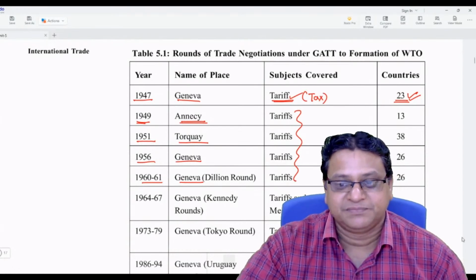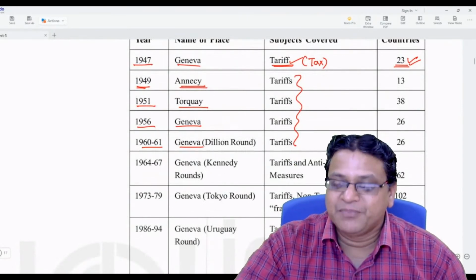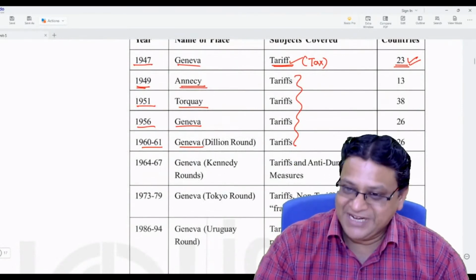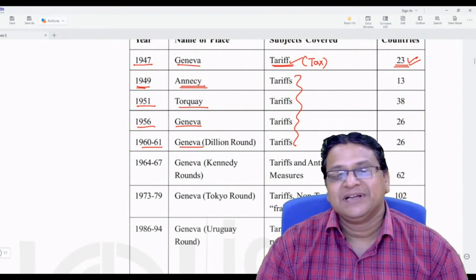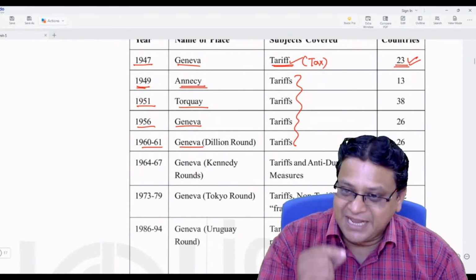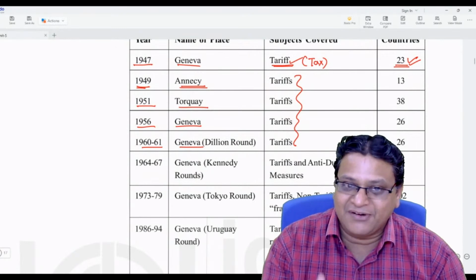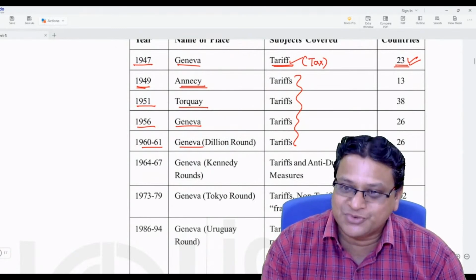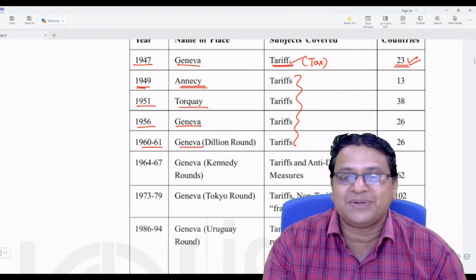Now please see, in between them, some countries have joined the GATT agreement and some countries have left the GATT agreement. The number of countries which joined the GATT agreement at the time of starting of GATT was 23. Later on in 1949 it reduced to 13. In Turkey round of discussion it was 38.